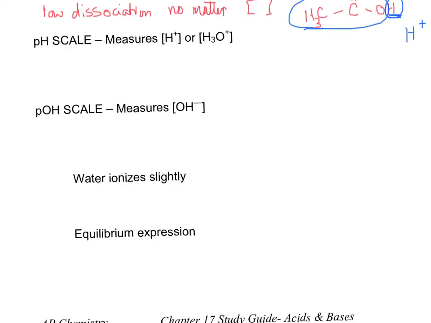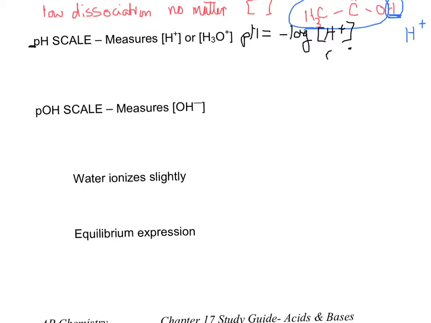So when we say something is acidic or basic, we want to put a numeric value on it. And so we use the pH scale or the pOH scale. The pH scale is a lot more popular. In math, P means negative log. So pH means negative log of H, which really means negative log of the H plus concentration.